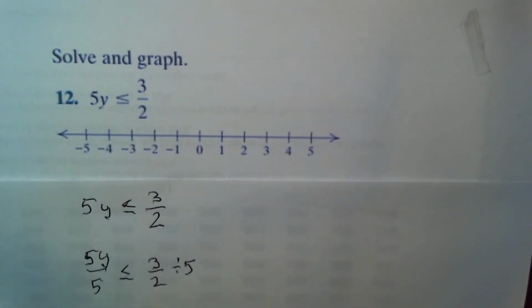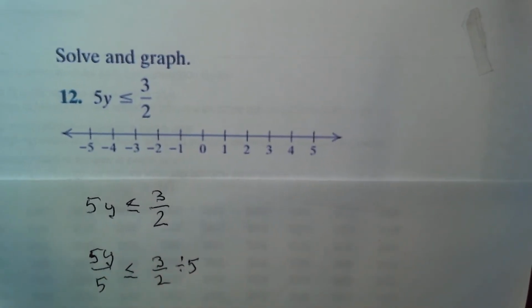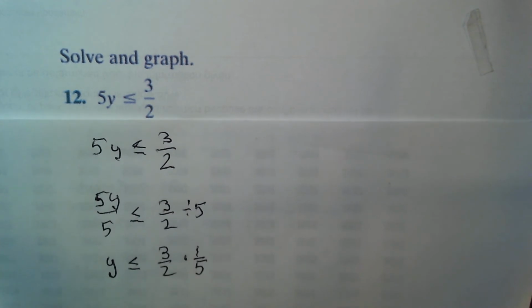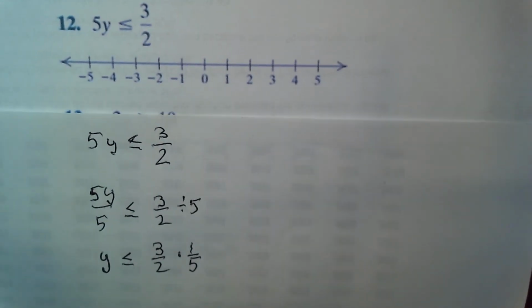Here the 5 cancels, and so we have y less than or equal to 3 halves times 1/5. Or finally, y less than or equal to 3/10.